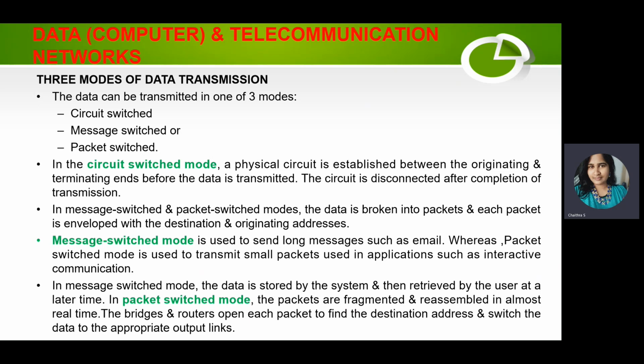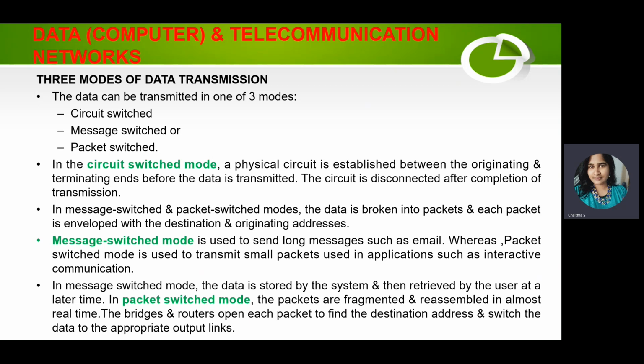Our data will be converted from analog to digital or digital to analog and reach the particular destination. While transferring the data, that is data transmission, there are three modes. First is circuit switch, second is message switch, and the last is packet switch.